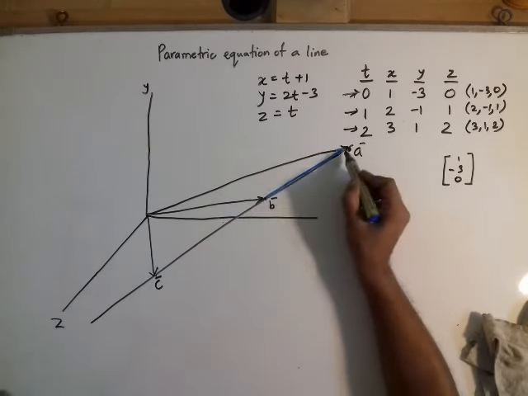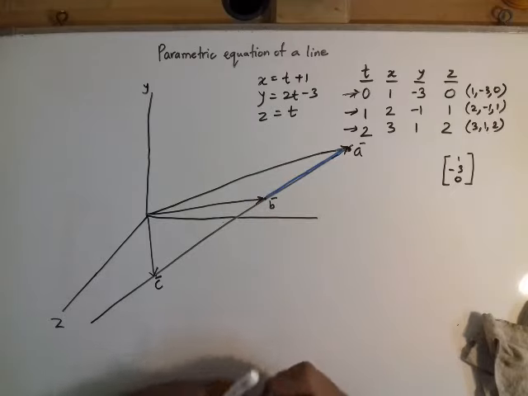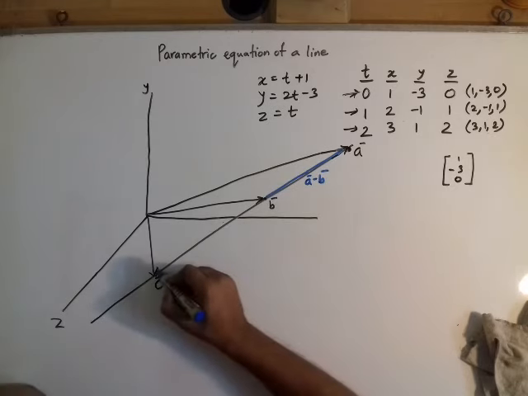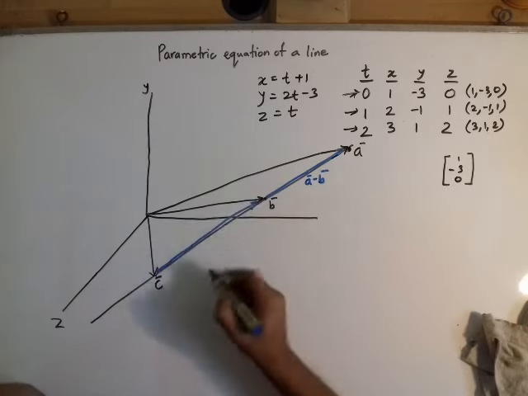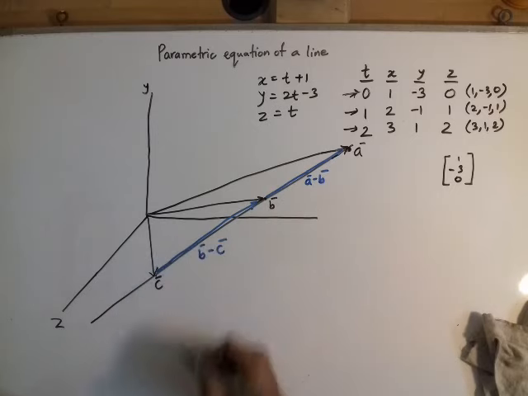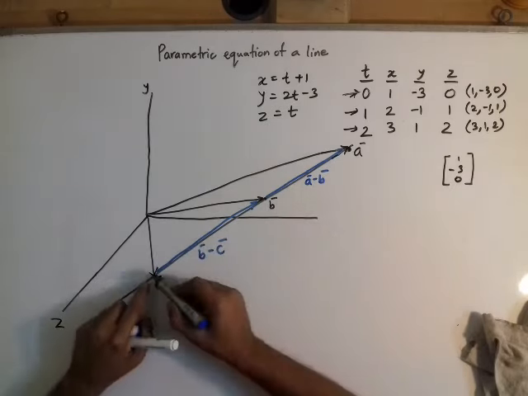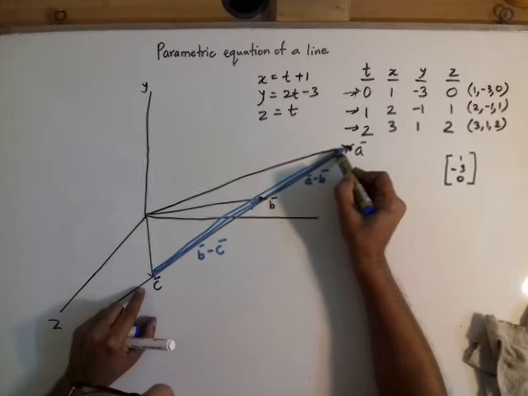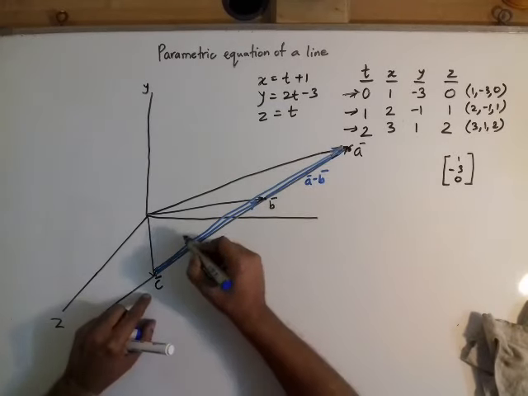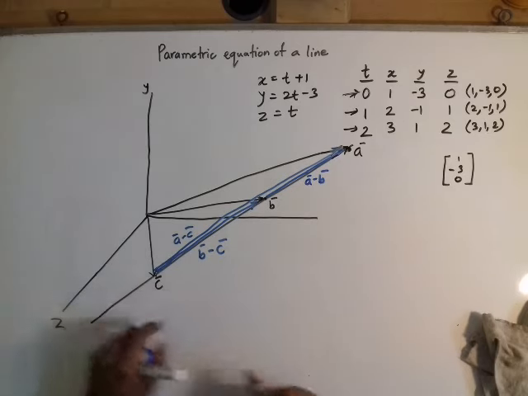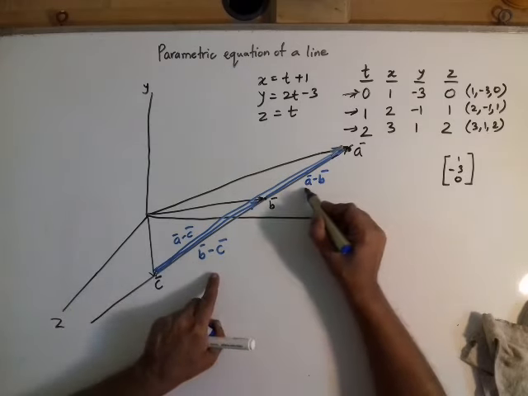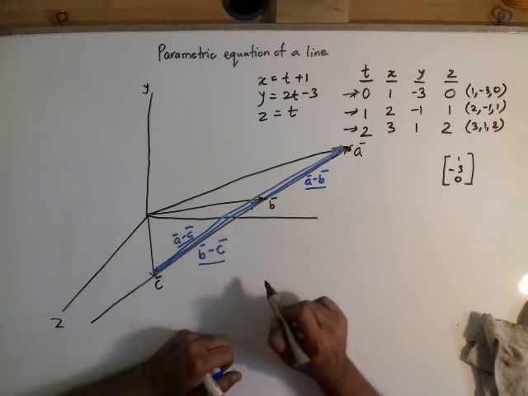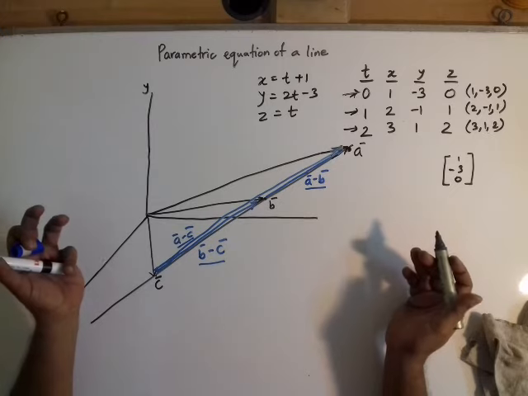From the head of B to the head of A, that's A minus B. B minus C is this vector, and A minus C is the vector all the way from here to here. A minus C. If I can find the values of A minus B, B minus C, A minus C, and see that they are all collinear, then I think we are there.